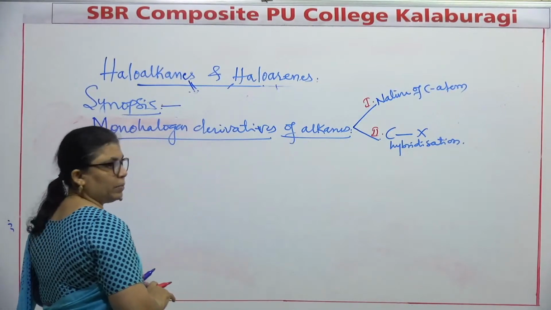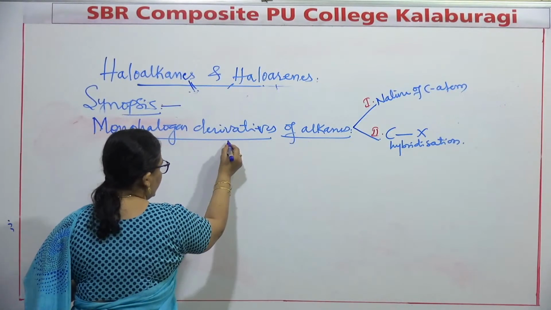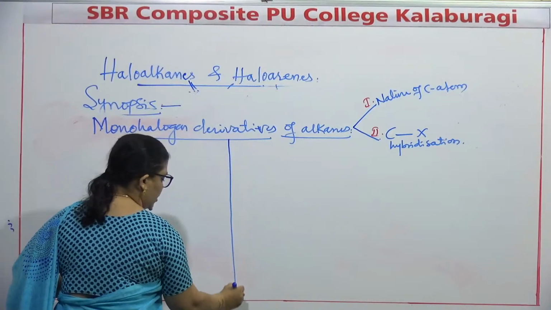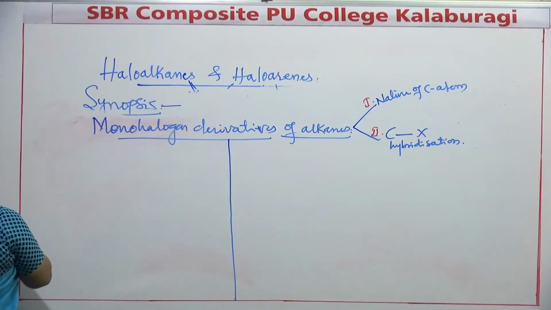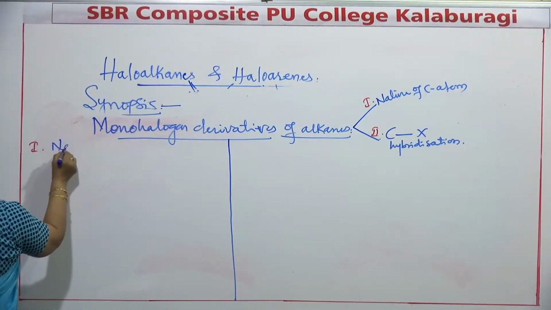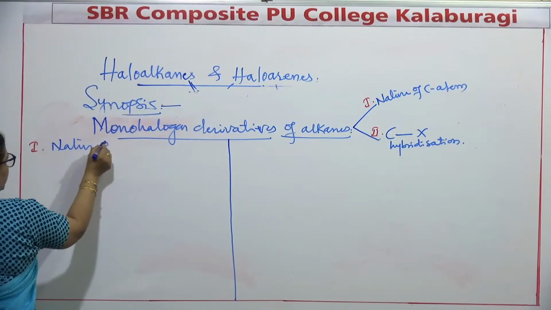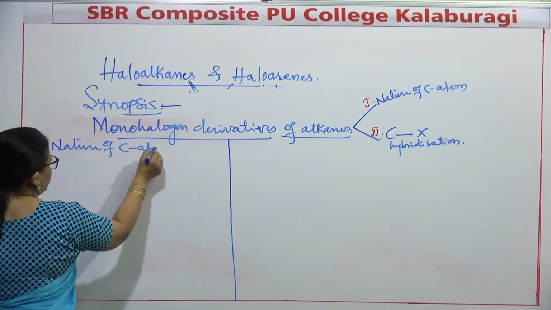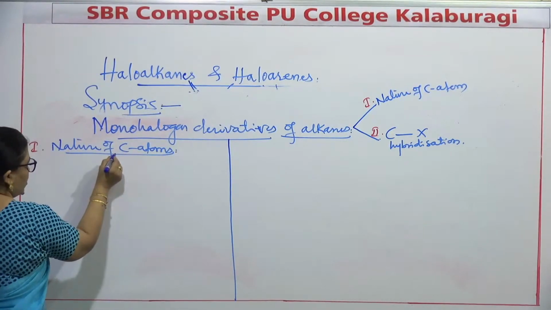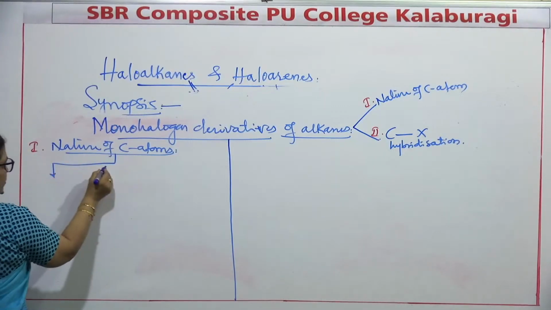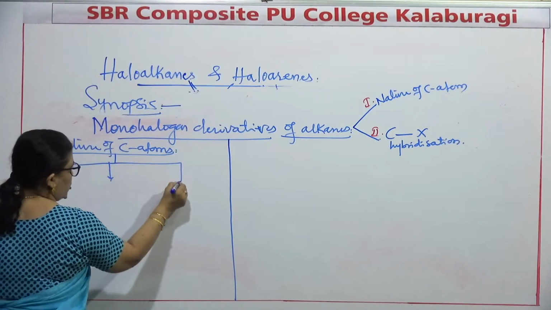Let us move one by one. Whenever we are dealing with the nature of carbon atom, they may be primary, secondary and tertiary.